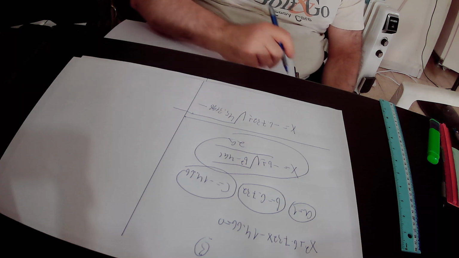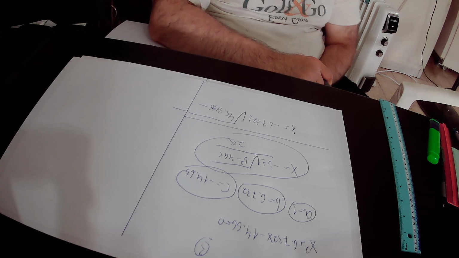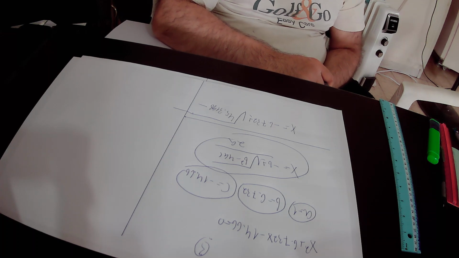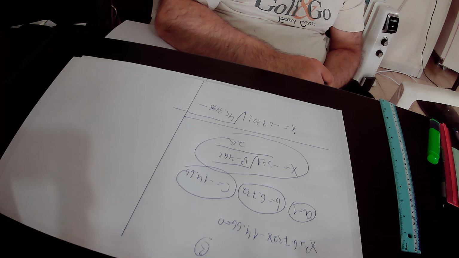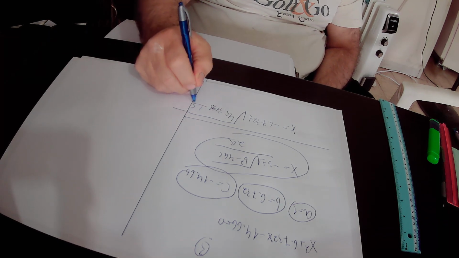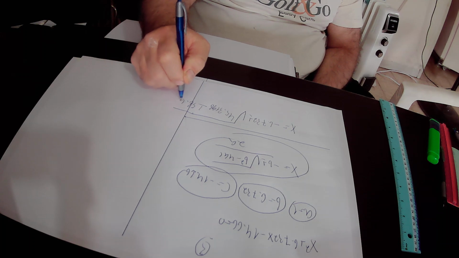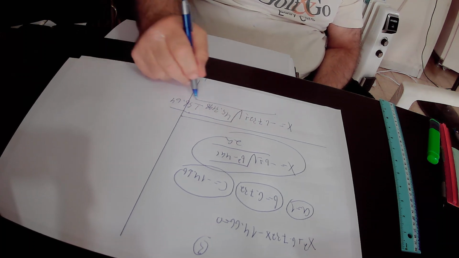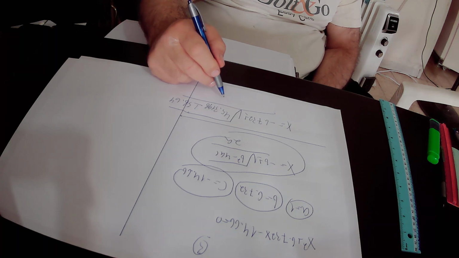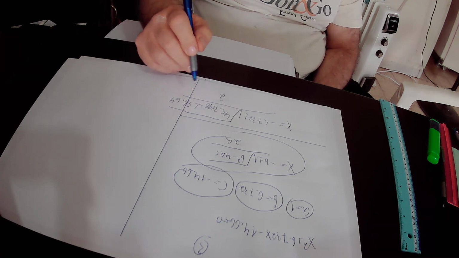So minus 4 times A, A is 1, is minus 4, times C. C is minus 14.66, so minus 4 times minus 14.66 equals to plus 58.64, all divided by 2a. A is 1, so 2 times a is 2.